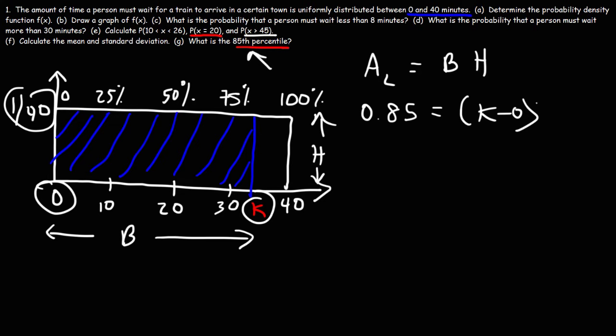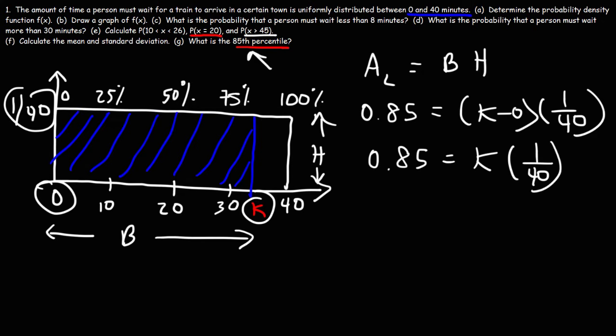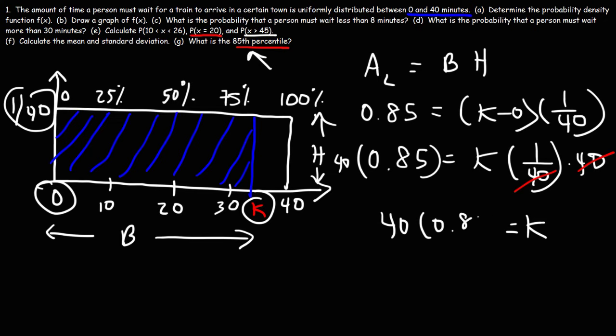That's 1 over 40. So we have 0.85 is equal to k minus 0, which is simply k, and then times 1 over 40. To get rid of the fraction, we can multiply both sides by 40. So the 40s will cancel on the right side. And thus k is simply 40 times 0.85.